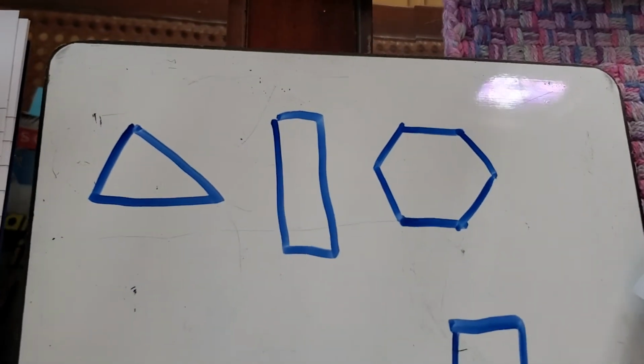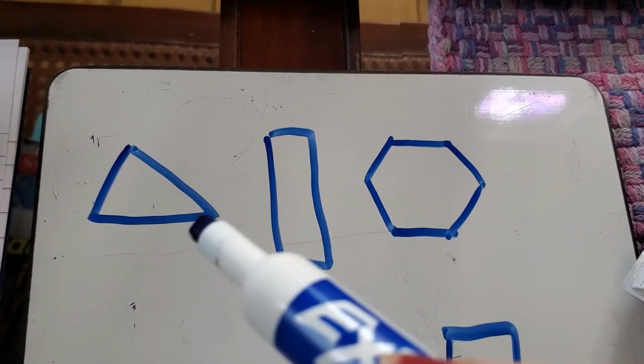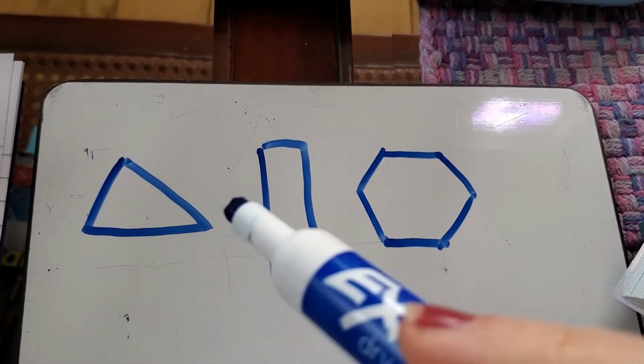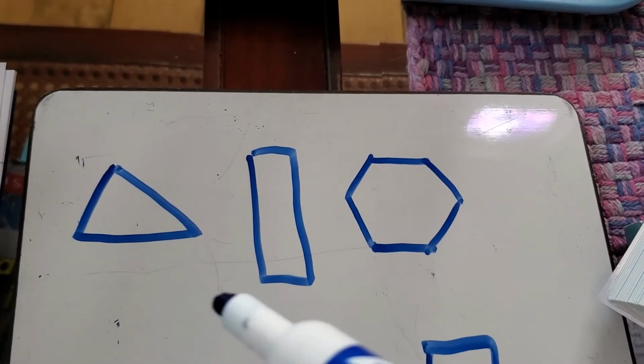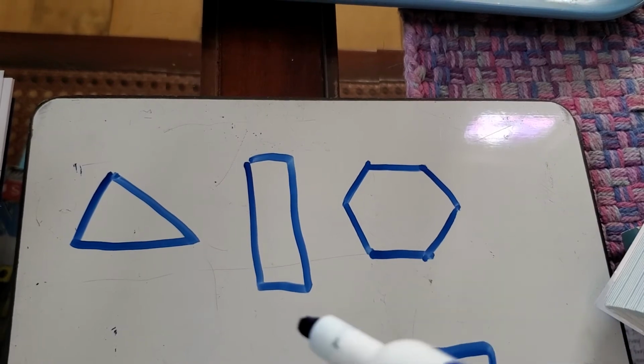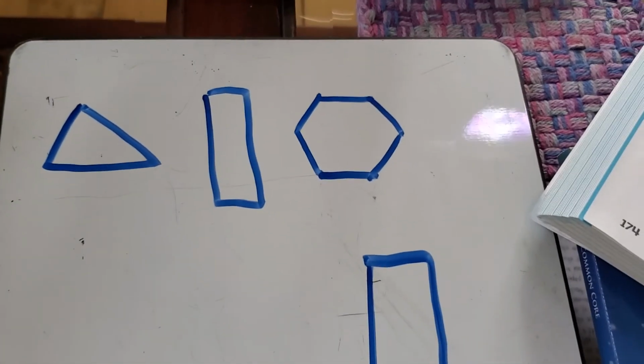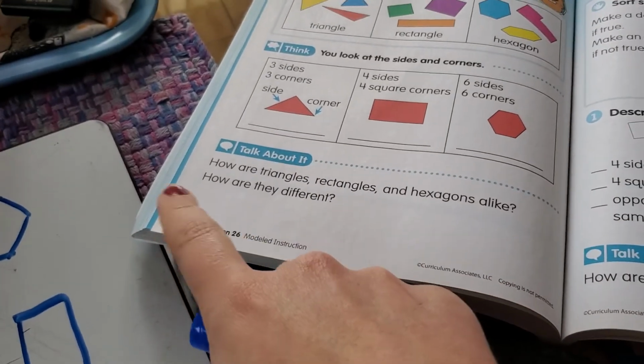How are they alike? Well, are they straight or curved sides? Are they all closed? But do they all have the same amount of sides? So think about that when you're answering that question. You can write a sentence or you can just talk about it with somebody. You don't have to really write anything there.